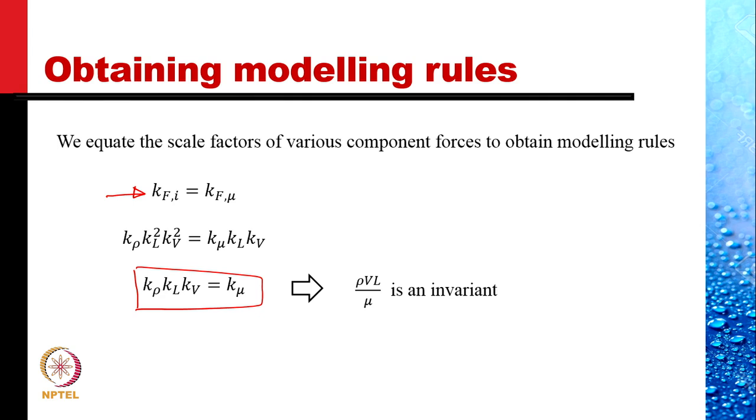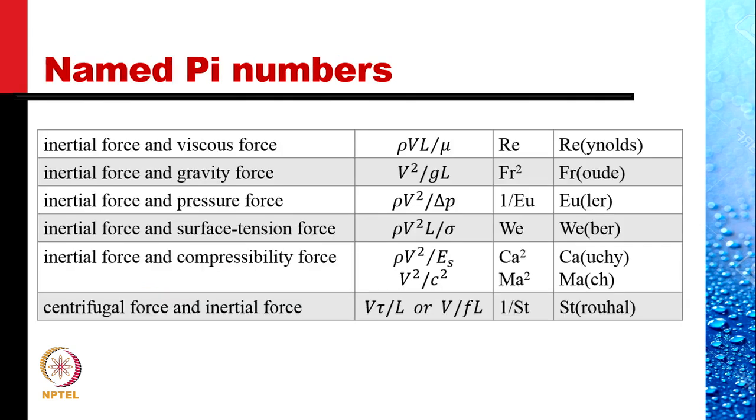Of course, this is recognized as the Reynolds number, if rho, V, L and mu are the characteristic quantities for a given flow. In fluid mechanics, if we take the ratio of the inertial and viscous forces, that is, we equate the scale factors for inertial and viscous forces, we get the Reynolds number.